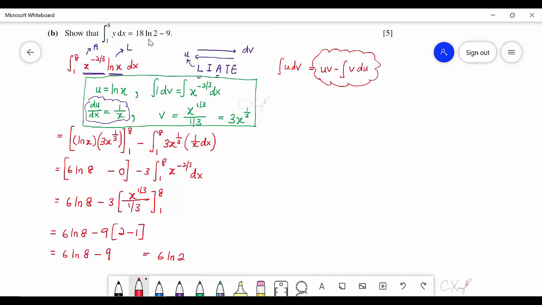The relationship between 8 and 2 is actually 2 power 3, which equals 8. After that, the 3 you can put in front to multiply with 6. So you have 18 ln 2 minus 9. So this is how we get the answer. For question number 9 part B, generally we are applying the integration by parts technique to complete the integration.